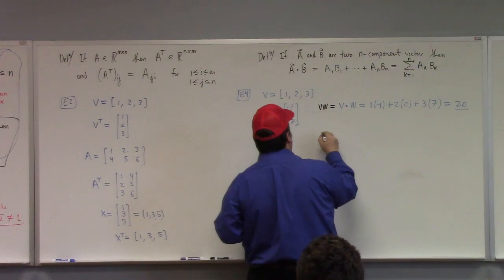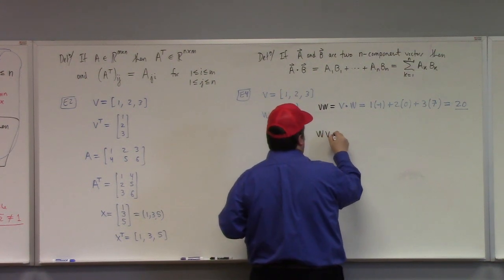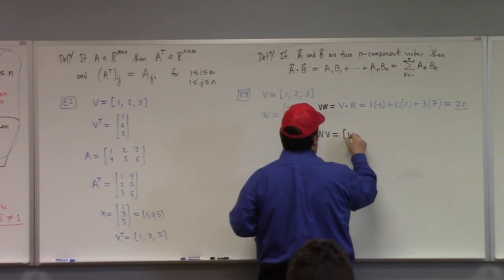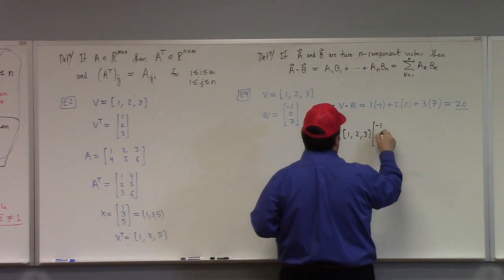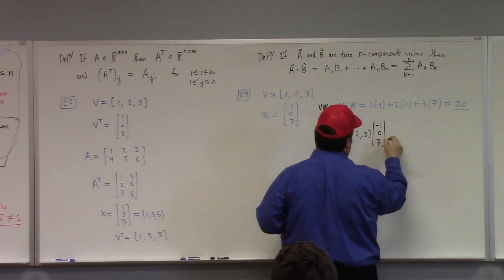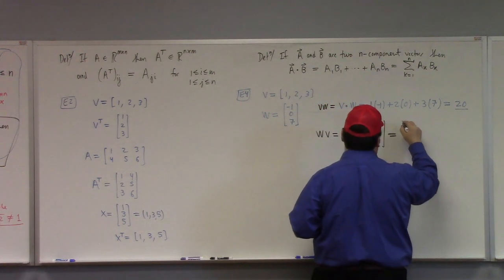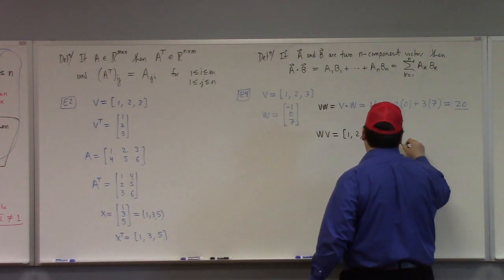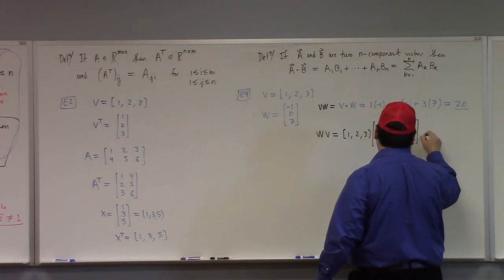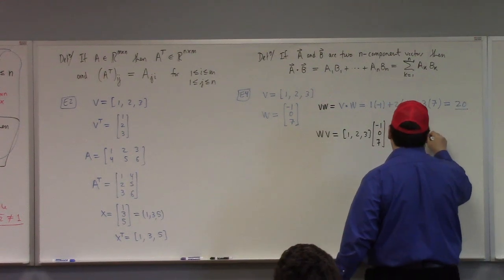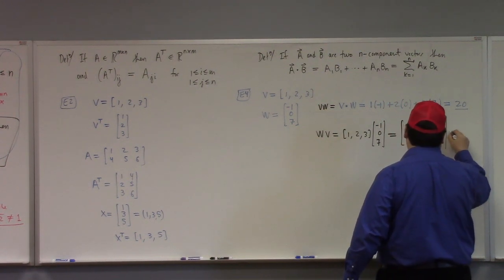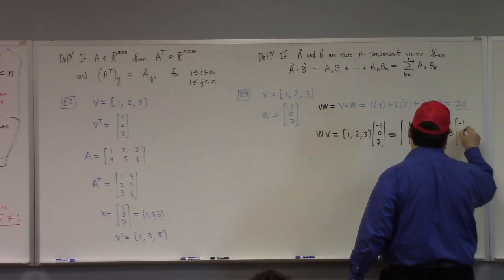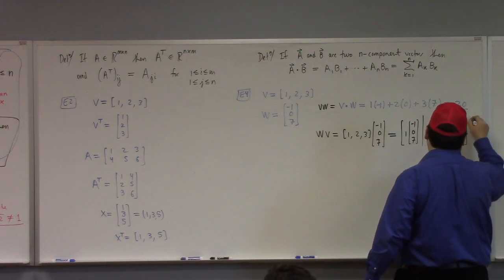On the other hand, let's flip around: WV, the column 1, 2, 3 times the row -1, 0, 7. The way this works is very silly. You do 1 times -1, 0, 7, and then 2 times -1, 0, 7, and then 3 times -1, 0, 7. Those are scalar multiples.